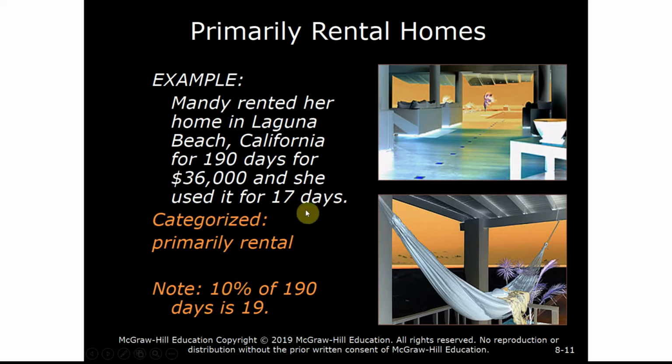So we ask ourselves, was it used for personal purposes for more than 19 days? In this case, it was not. It was only used for 17 days for personal purposes. That's below that 10% threshold. Therefore, this is a primarily rental property.